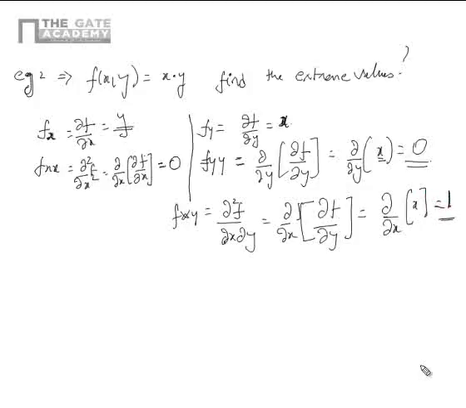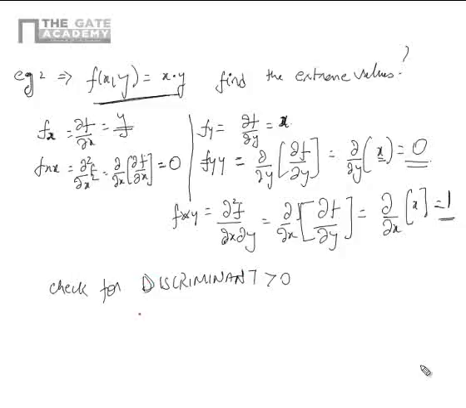Now first thing, always remember, whenever we are having these two variable functions, check for discriminant greater than 0. Okay, this is very important.